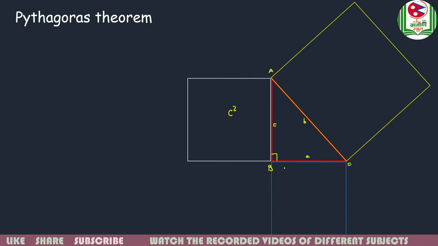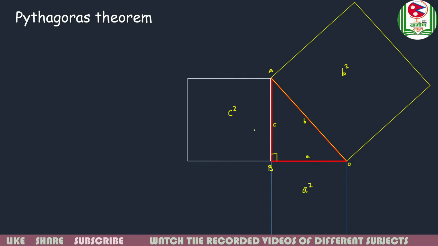The length of side BC is a, so the area of the square lying on BC is a square. Again, the area of the square lying on side AC is b square.